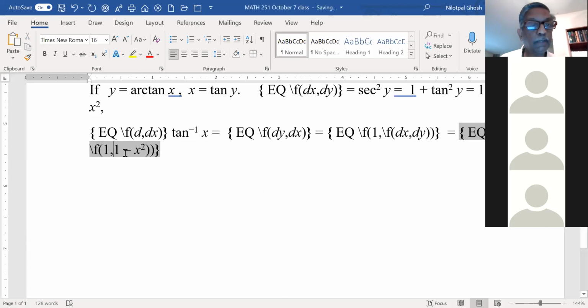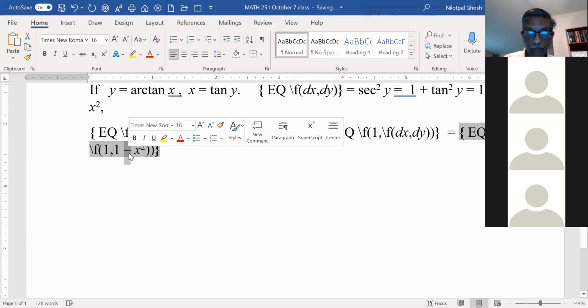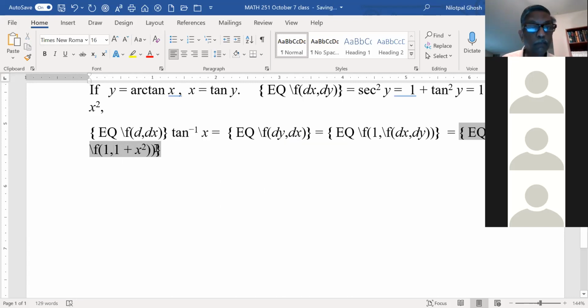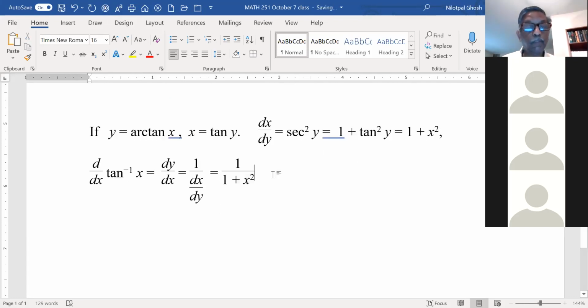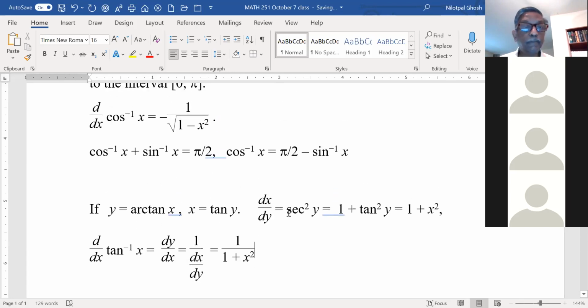And we need to get rid of this one also. So 1 over 1 plus x square. And in a similar fashion, you can show that the derivative of cot inverse x would be equal to, with a negative sign, the same argument, since cot inverse x plus tan inverse x equals pi over 2.